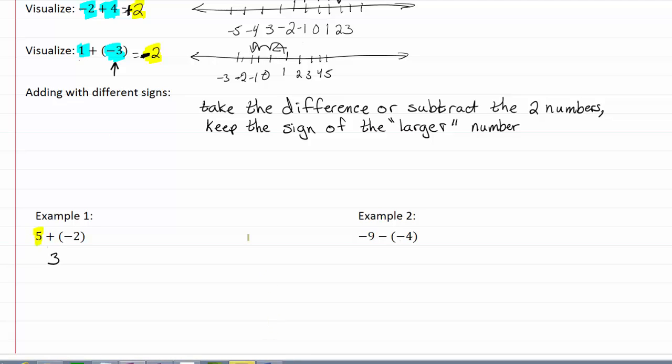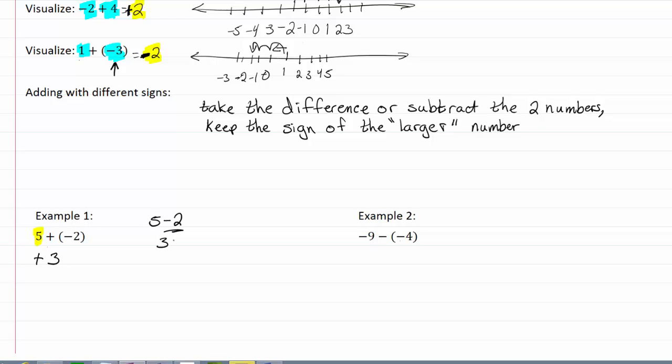Now it's positive, so that means our sign is going to be a positive, so this is positive 3. Gives us 3, and it was positive when we first did this, way back in elementary school, probably about first grade or something like that. And we got a positive 3, just like we did back in elementary school.